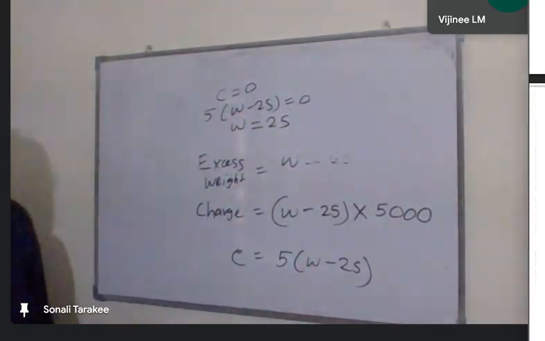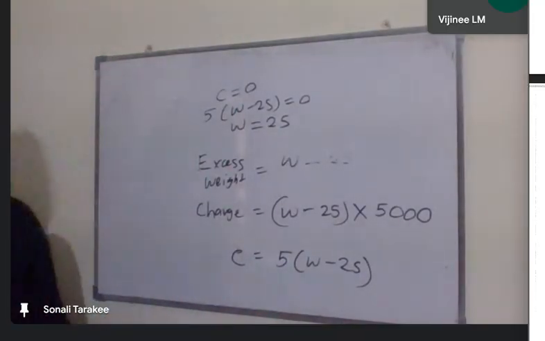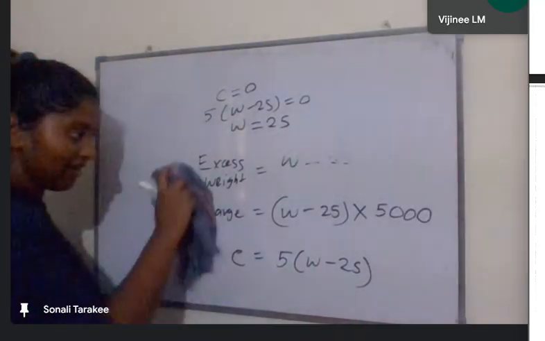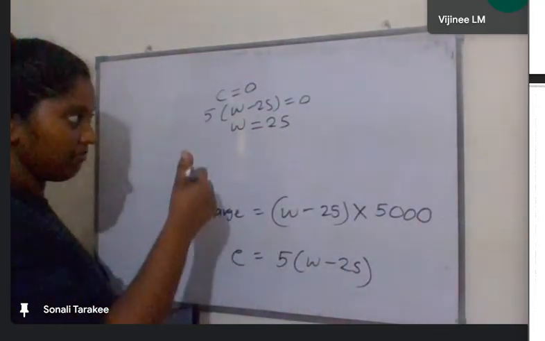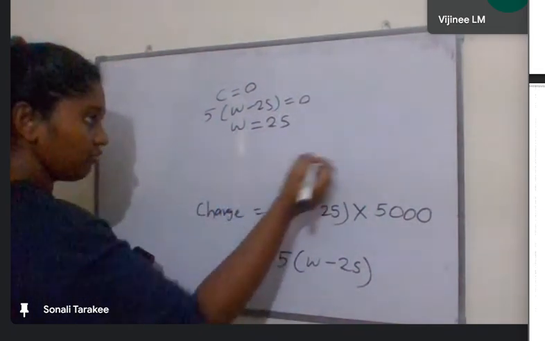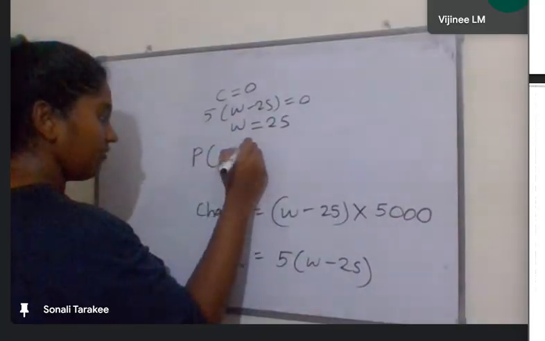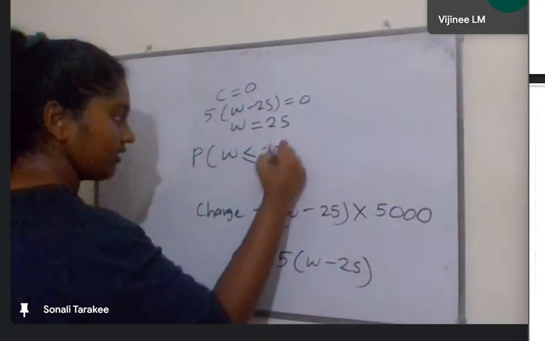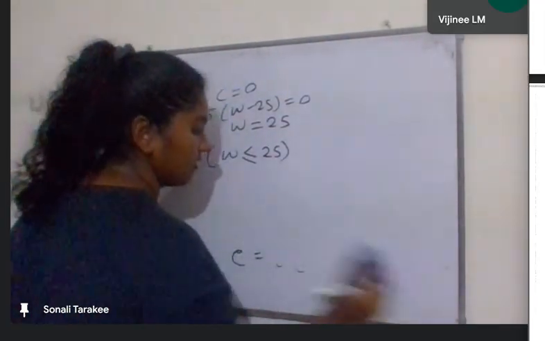So what this is saying is the probability of the luggage weight should be 25 or less than 25. So how do you solve this one?